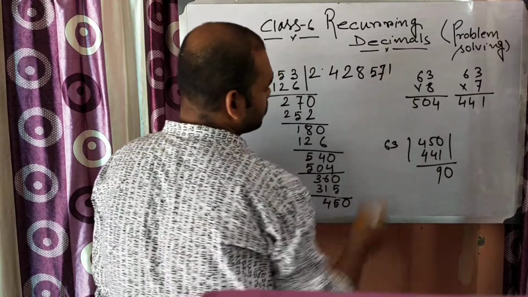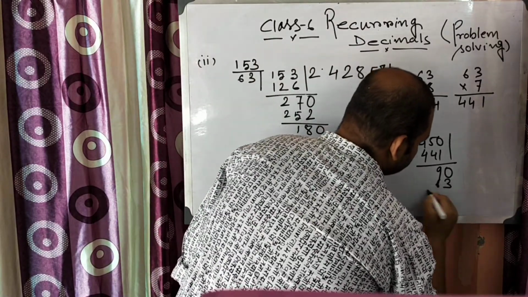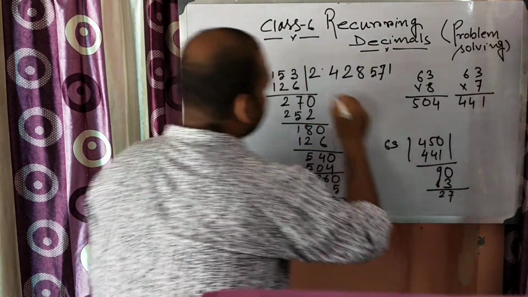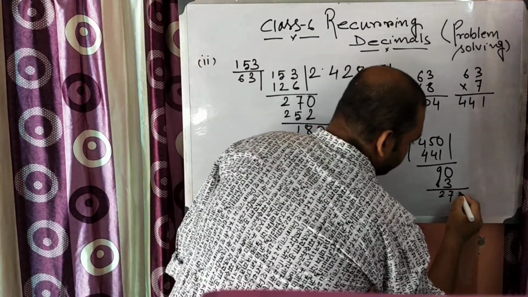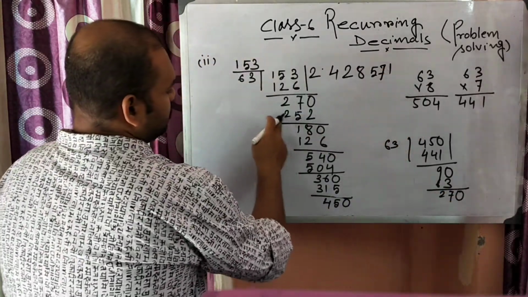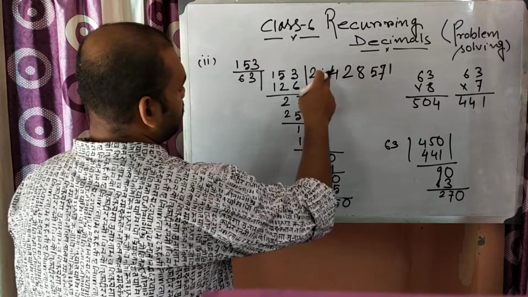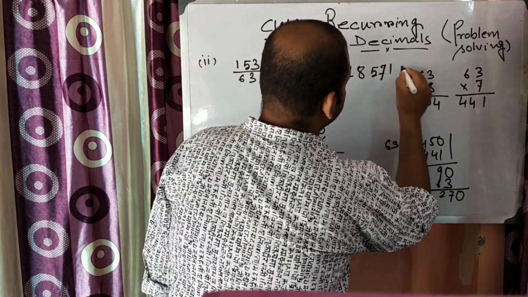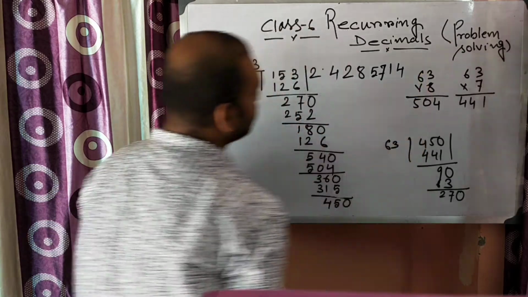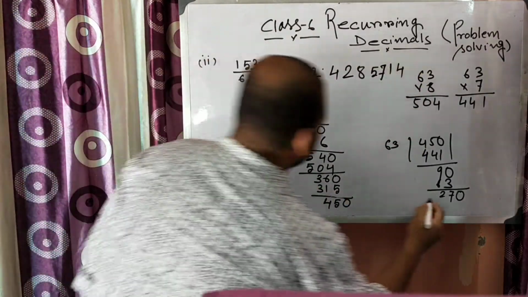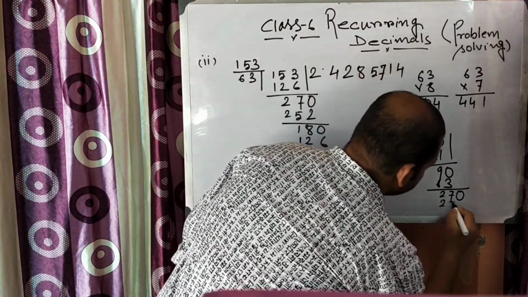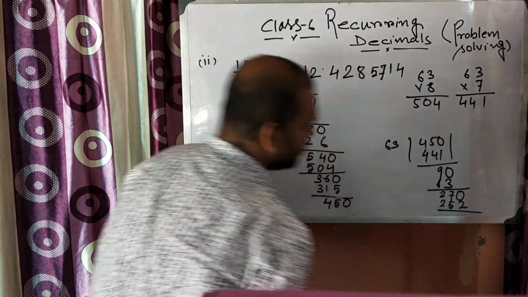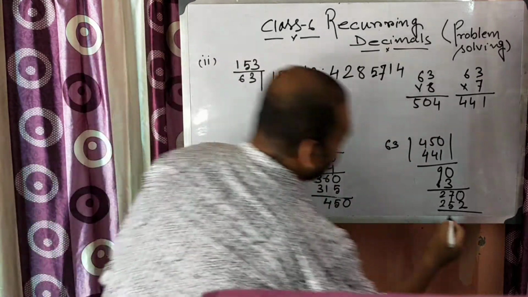So 63, then 27. For the point bring 0 here. Then for the next step, 63 4s are 252. So 252 means 18 is remainder.